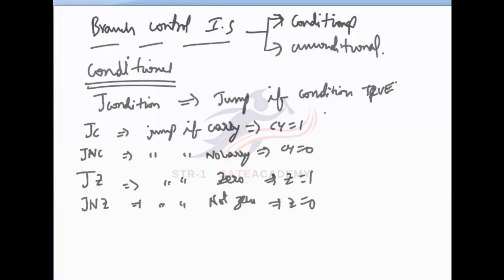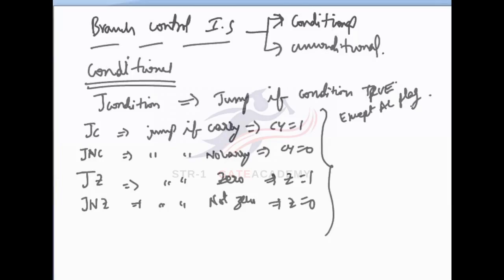All these conditional instructions are defined with all the flags except the auxiliary carry flag. The remaining flags are defined here: carry, no carry, zero, not zero, parity, even parity, odd parity, and plus, minus, which means the sign flag.